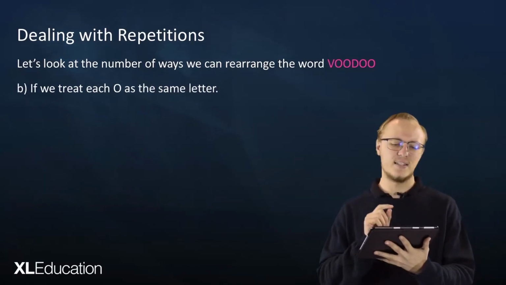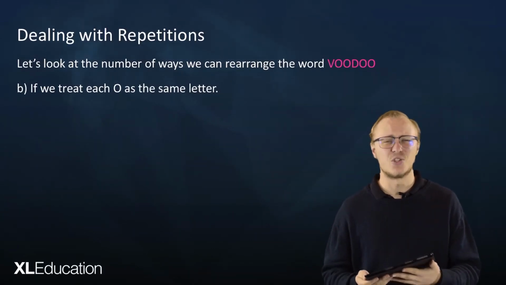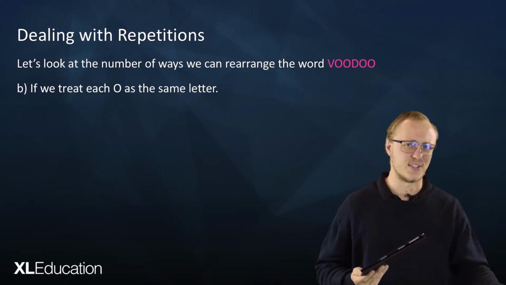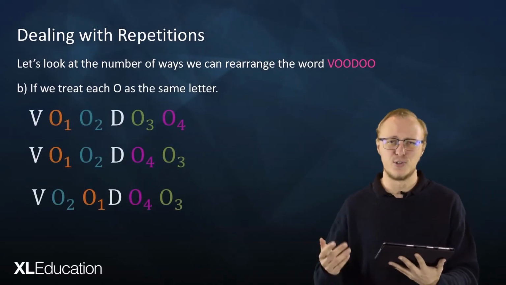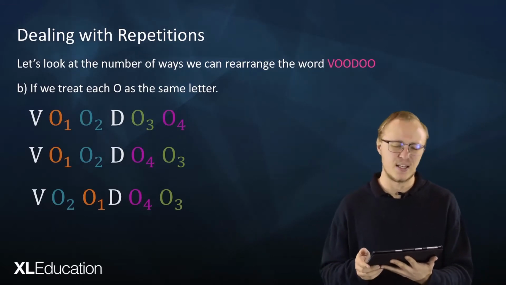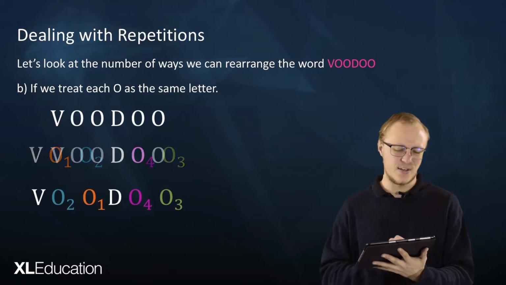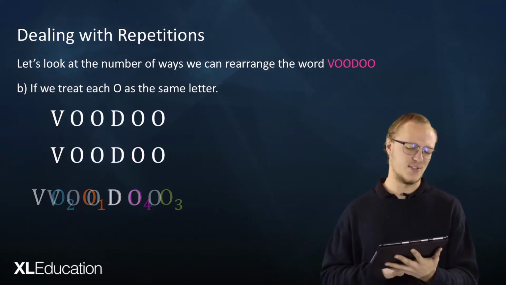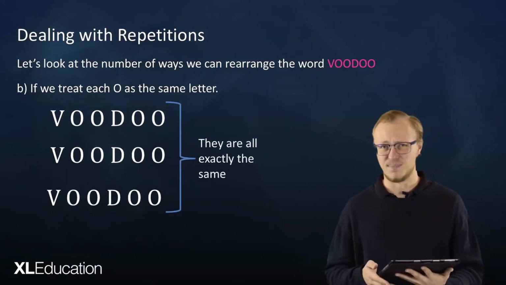But what if we treat each O as the same letter? So we're not saying there's a difference between this O and that O over there. Well then, the 3 arrangements of voodoo I showed you there that were considered unique, well, the first one there is just voodoo, and the second one there is just voodoo, and the third one there is just voodoo, and they're all actually exactly the same.